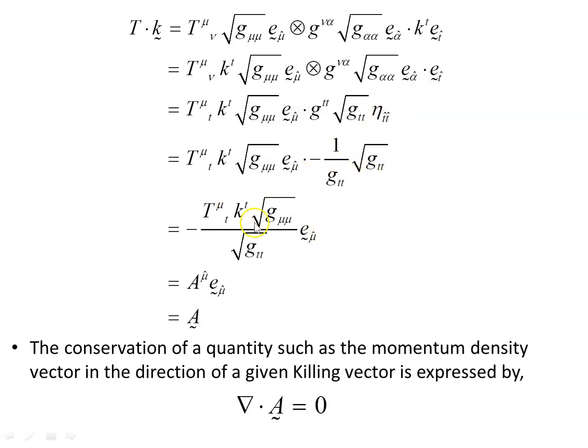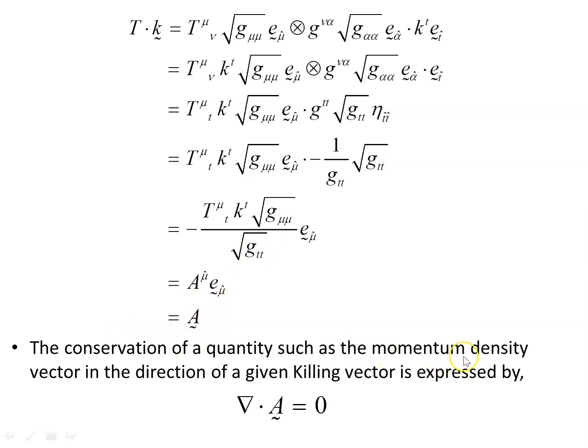And we're left with this object here. As you can see, it only has a single basis vector, and so this whole thing is a vector object. We've contracted this down using the Killing vector to a rank 1 tensor, which is a vector, and in this particular case, the momentum density vector. We'll just call that A.